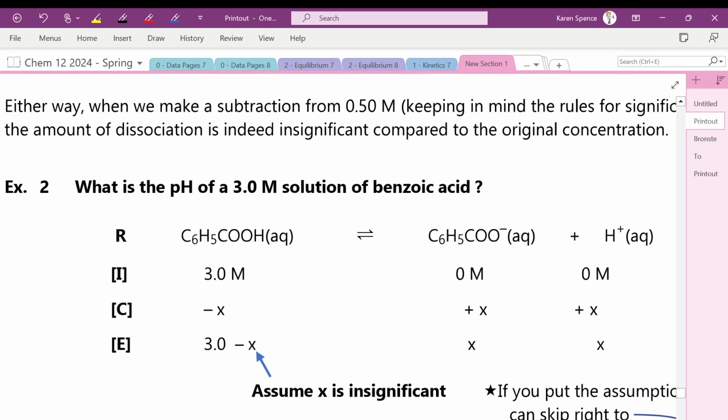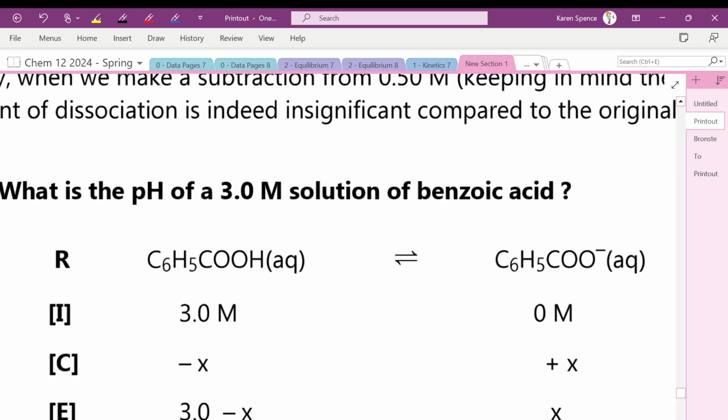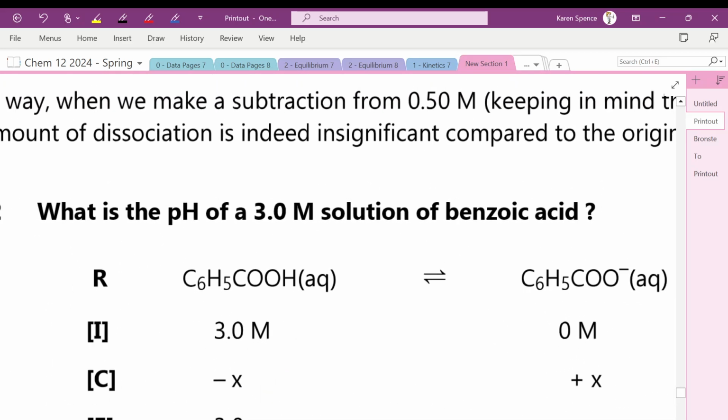We are not going to go through this example in gory detail because it is exactly like the last one, but we're just going to go through and point out a few things. First of all, what's the first thing you should ask yourself when you are asked what is the pH of benzoic acid?